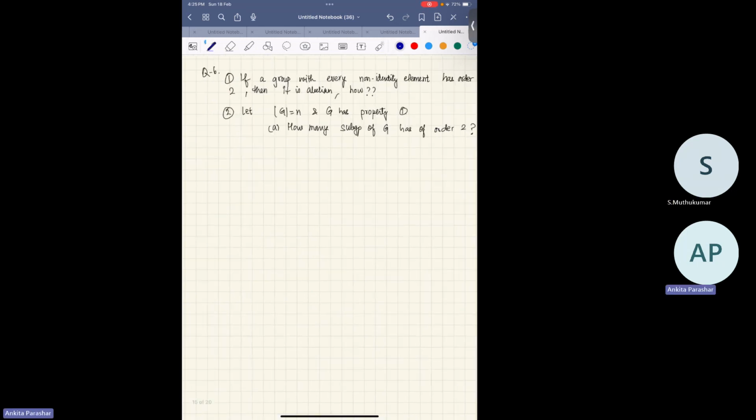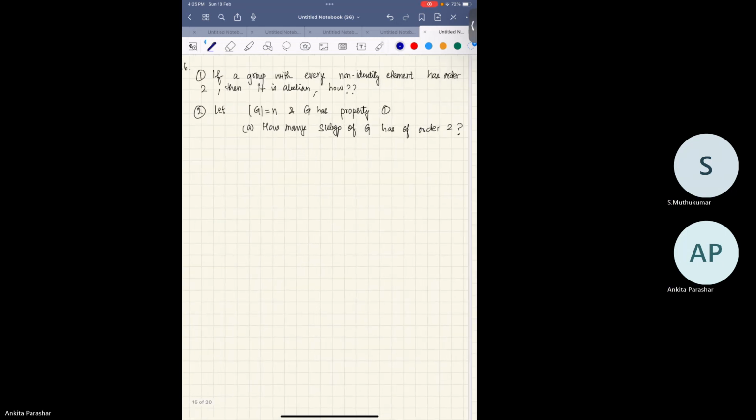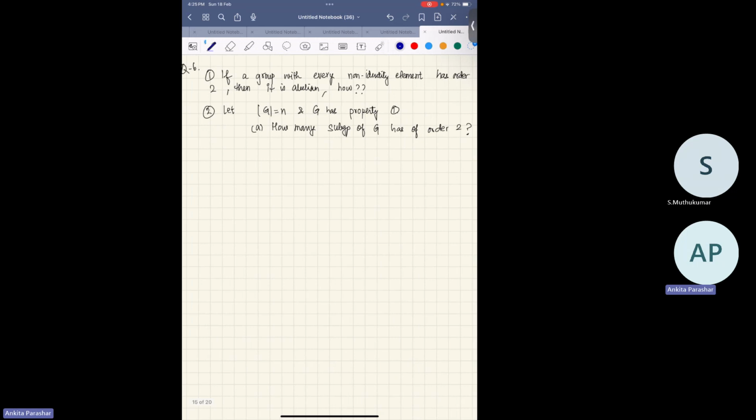Let's go to another question. Suppose a group has every non-identity element of order 2; prove that it is abelian. Can we prove that it is always abelian?